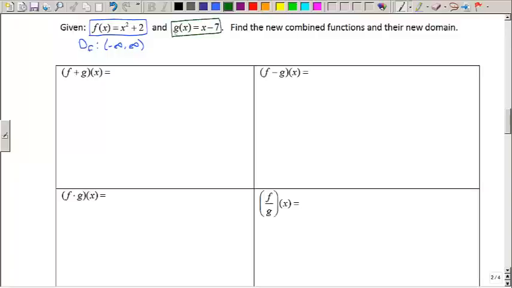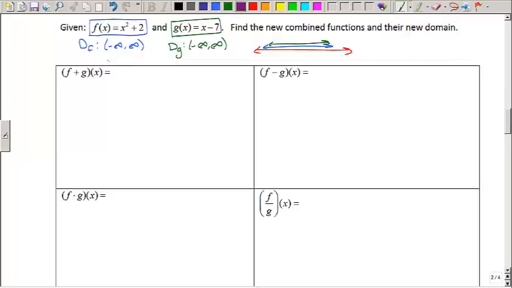For g of x, I would like to know the domain of g before I get started on combining the new functions. The domain of g is going to be also all real numbers, because we have no even roots, we also have no denominators. So the domain of my blue function is all real numbers. The domain of my green function is also all real numbers.